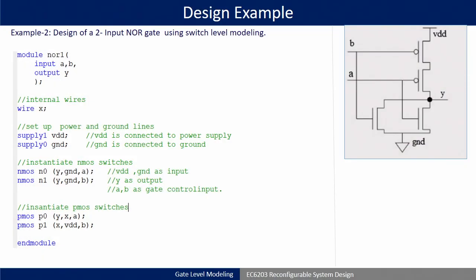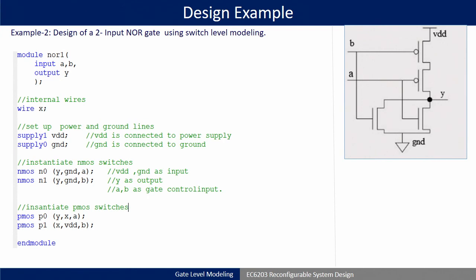Okay. So, the next example is the design of a 2 input NOR gate using switch level modeling, right. So, generally, as I told you, structural modeling is classified into 4 types.